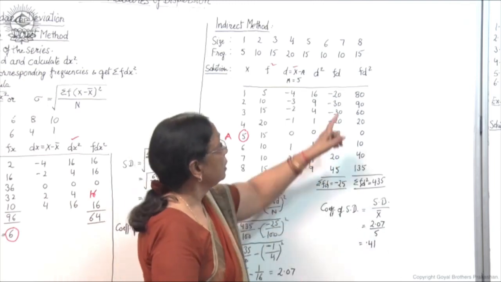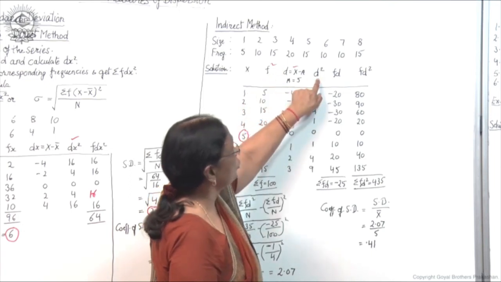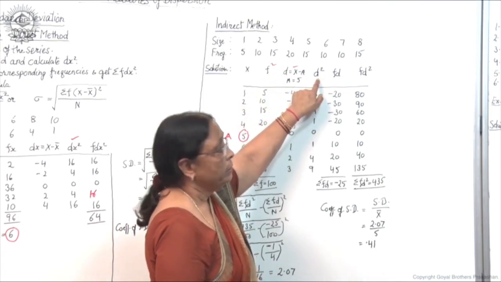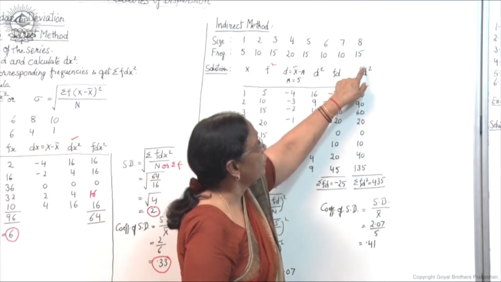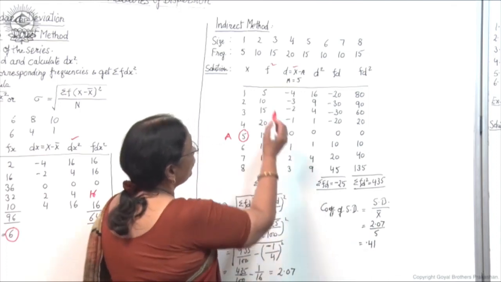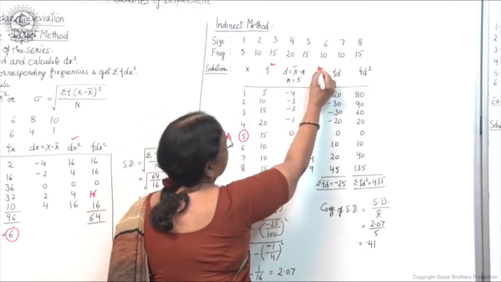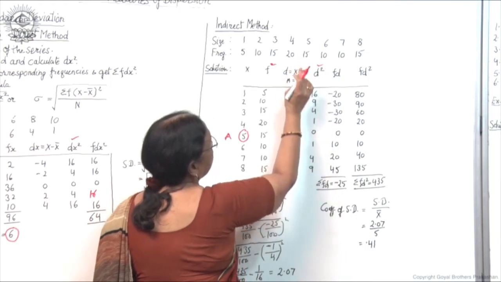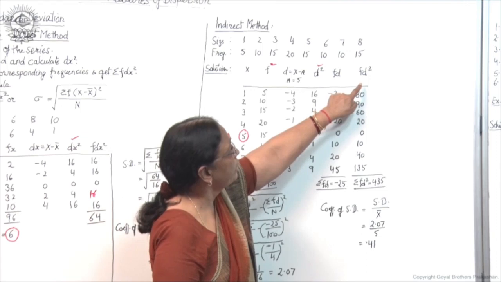But here it is fd square, that means frequency into d square, because square is not over f, right? So this is the frequency column f, and d square is this. Now this time you will multiply f with d square and you get fd square.